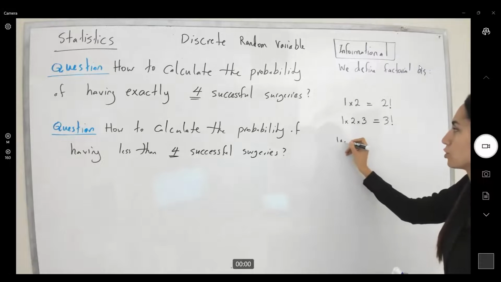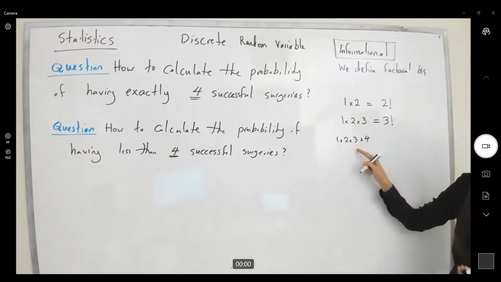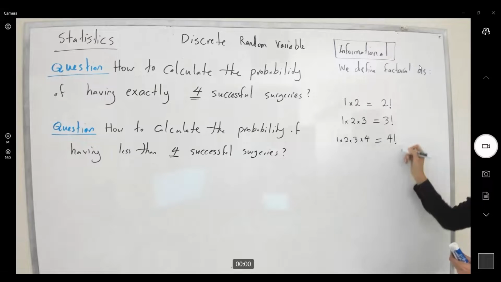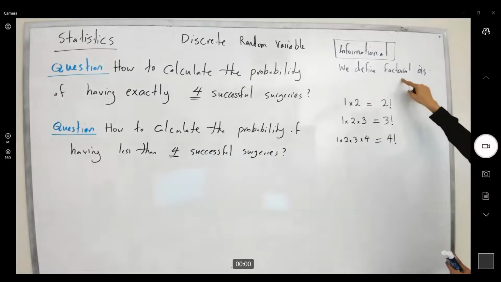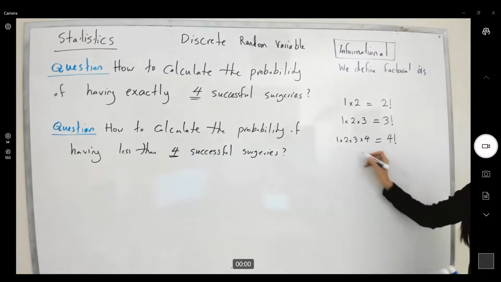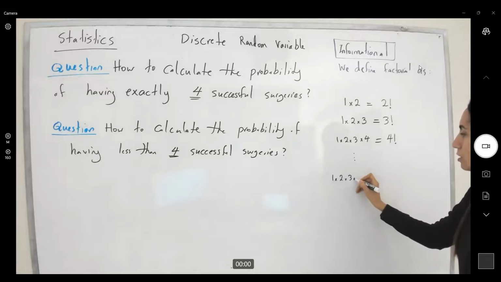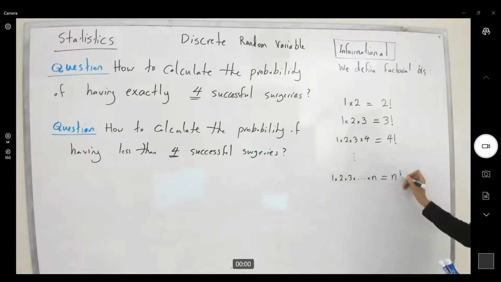Well, we can continue this process. This is just the definition. 1 times 2 times 3 times 4 is denoted by 4 exclamation mark, or just in mathematical language, 4 factorial. Continue this process. So 1 times 2 times 3 times 4 up to n is denoted by n factorial.